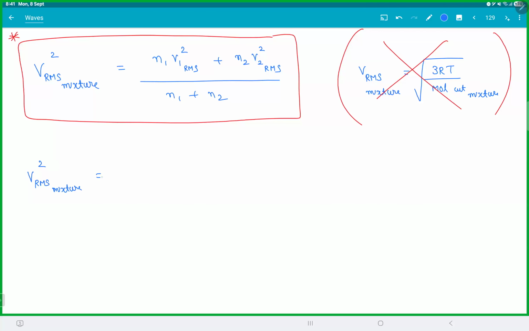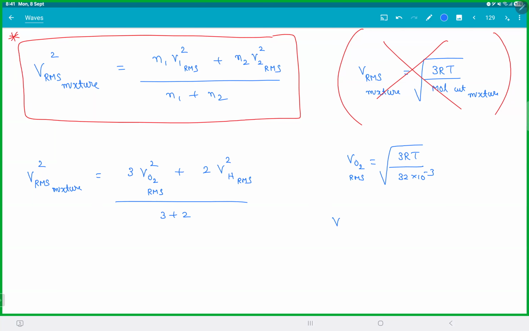3 moles of oxygen's RMS value, 2 moles of helium's RMS value. And what is the oxygen's RMS? Root over 3RT by 32 into 10 power minus 3. What is the helium's RMS value?